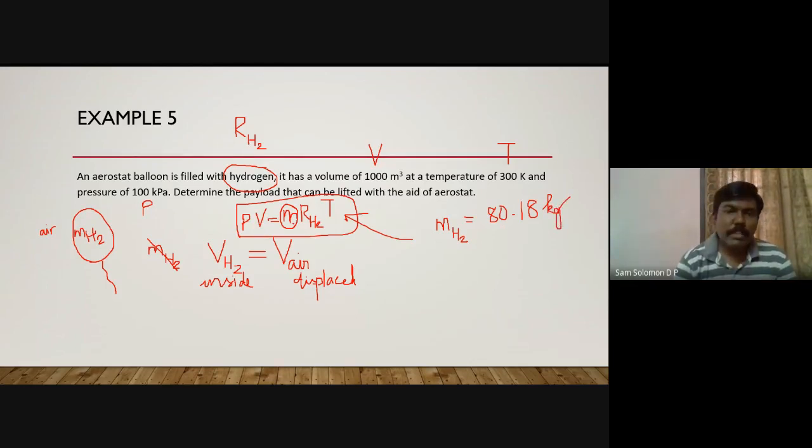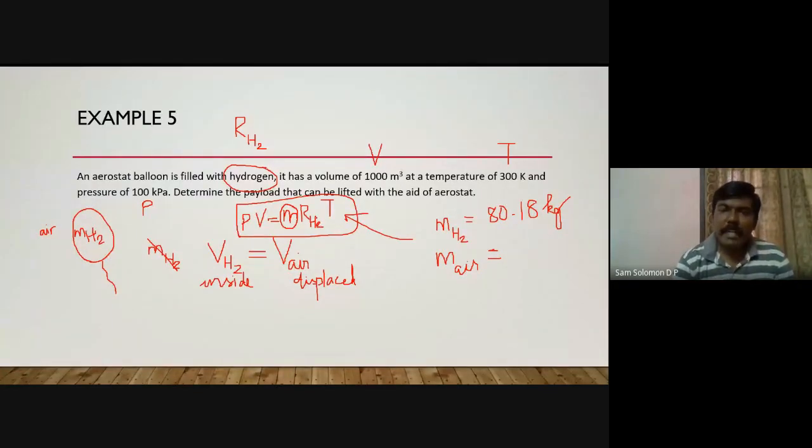Now use the same equation, and instead of R of hydrogen, substitute R of air and find out the equivalent. What will be the mass of air displaced by the balloon outside? The volume of hydrogen inside the balloon is equal to the volume of air displaced by the balloon.